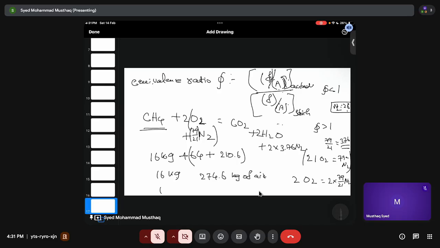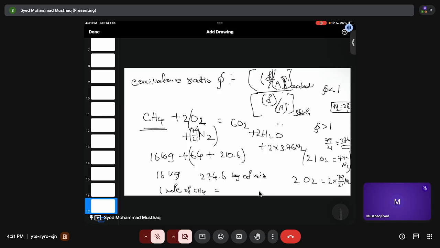Or 1 mole of CH4 requires 210 plus 64, which will be 274.6 kilograms, right?